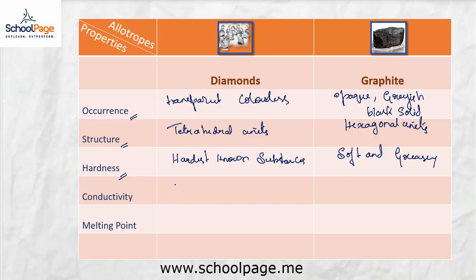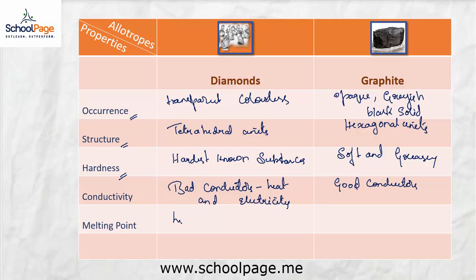Coming to the conductivity, diamonds are bad conductors of both heat and electricity, whereas graphites are good conductors of heat and electricity. We know graphites are good conductors because of the presence of free electrons.